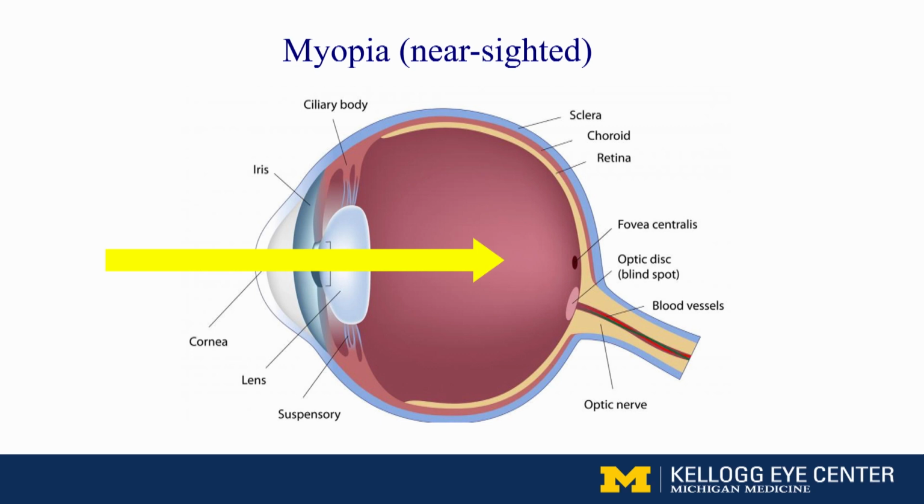And so the light is being focused in front of the fovea. And that's what I'm trying to show you here, okay? So when we wear glasses, we're actually taking away refractive power for this patient so that we can bring the focus back to the fovea, okay?